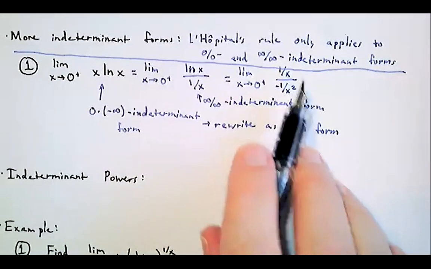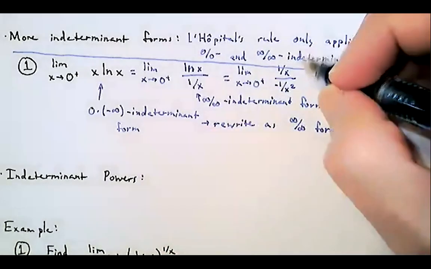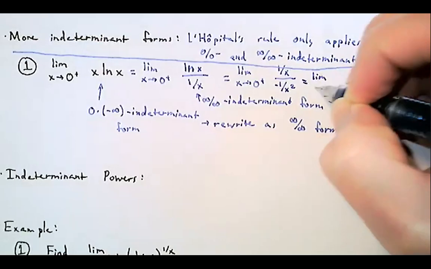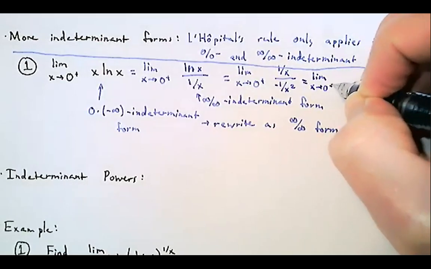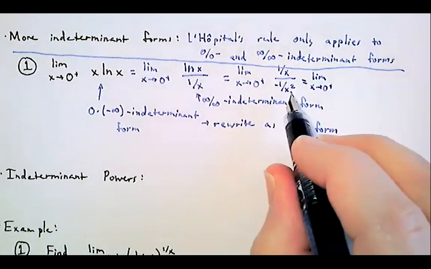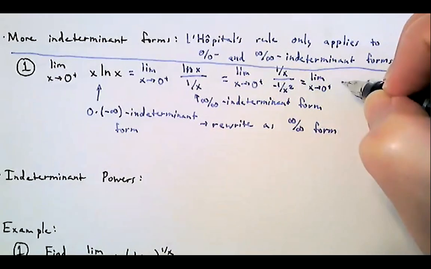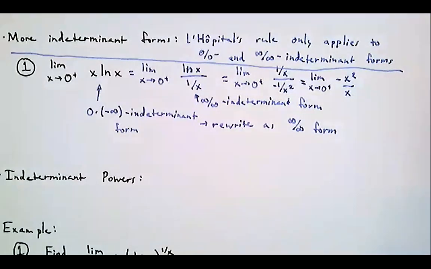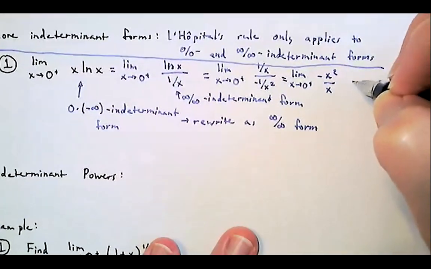Dividing by a fraction, you should remember, is the same as multiplying by the reciprocal. So I'm actually multiplying by negative x squared. And this simplifies to just minus x.